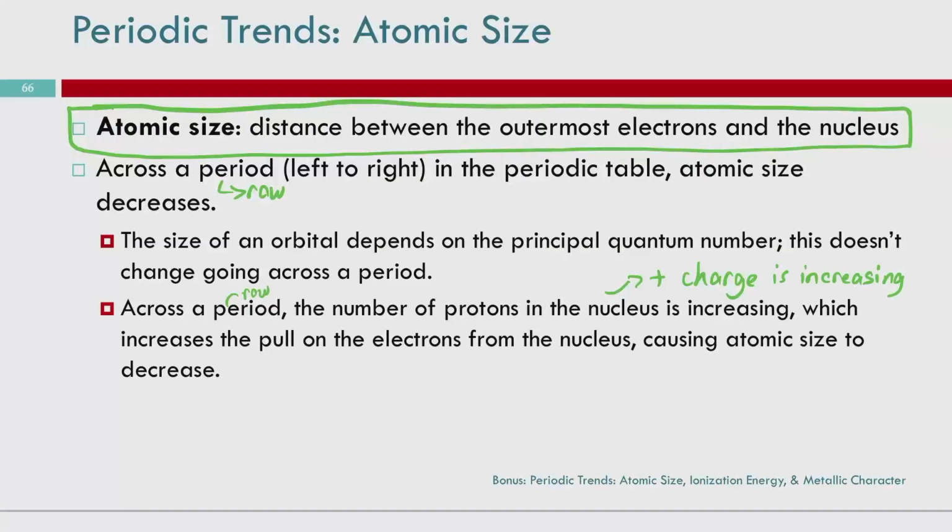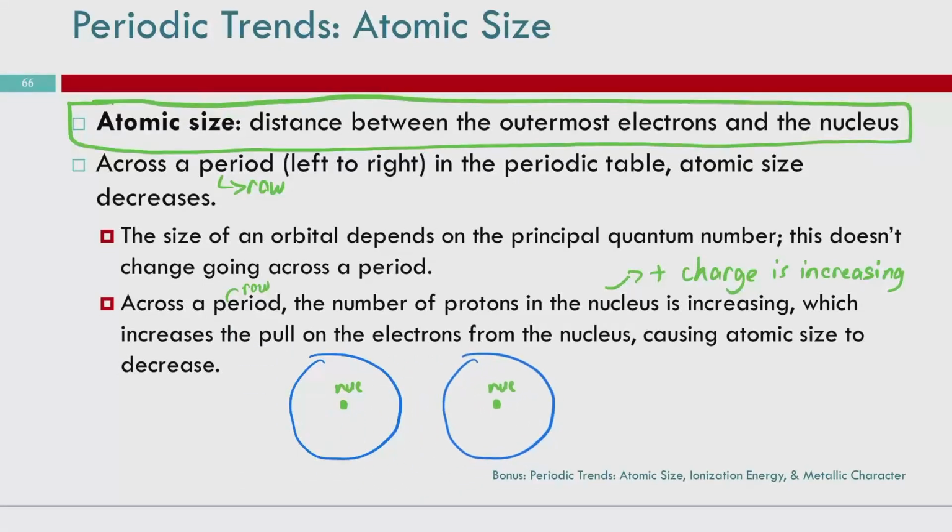And since our electrons are what make up that shell, that sphere shape, if we increase that positive charge in our nucleus in the center, we would expect that our electrons are going to get pulled in a little bit, just a little bit, because of the increased positive charge, so they're more attracted to the nucleus, and so that's going to bring them all a little bit closer in. So what actually happens is that from left to right on the periodic table, our atomic size decreases just a little bit because of that shrinkage from the increased positive charge at the center in our nucleus.